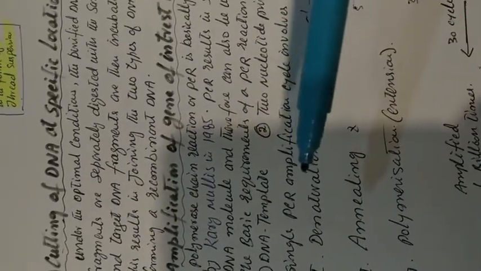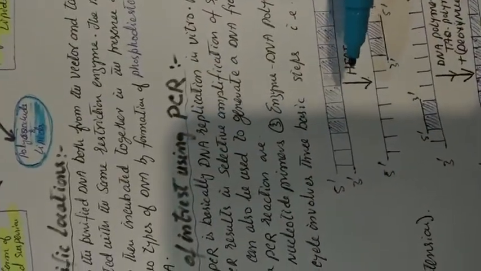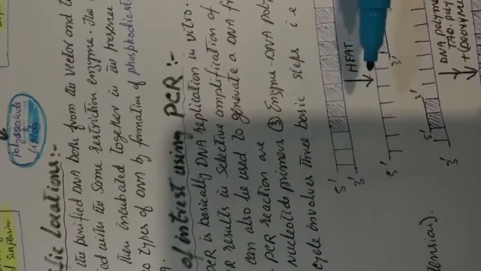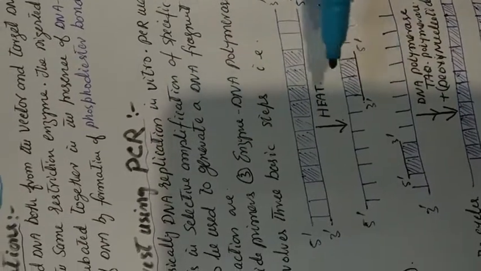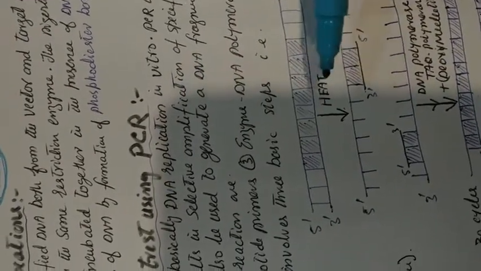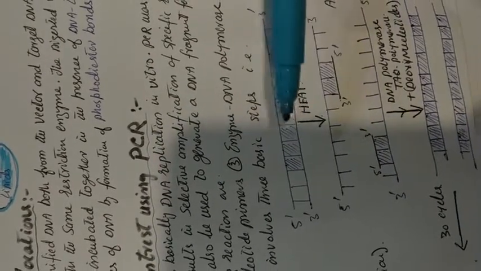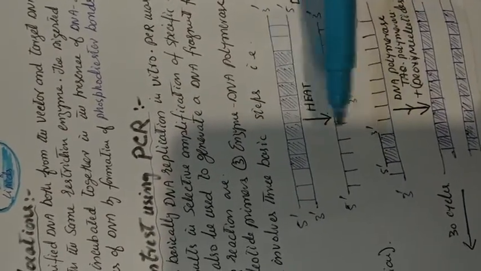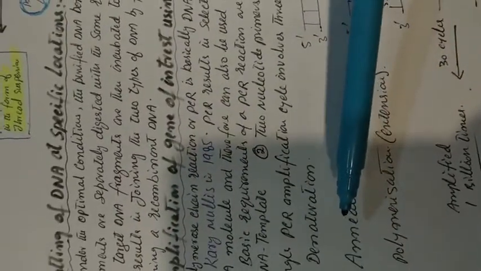So far as denaturation is concerned, in this step the target DNA is heated to a high temperature, usually 94 to 96 degrees Celsius, resulting in the separation of the two strands. Each single strand of the target DNA then acts as a template for DNA synthesis. Second step is the annealing.